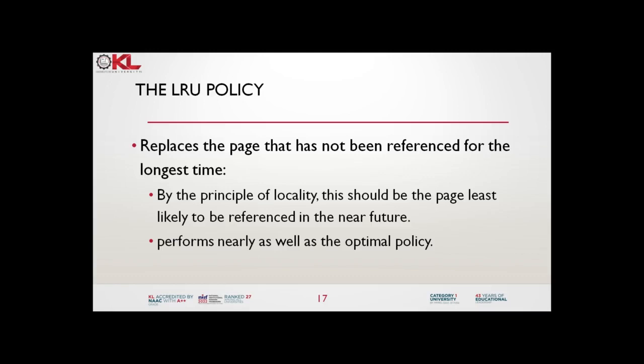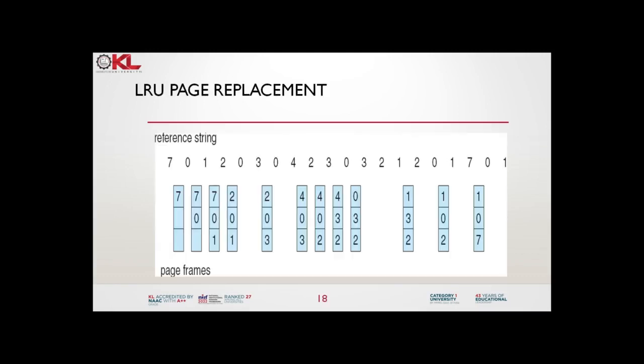Let me explain with this reference string. The same reference string I have used here for the explanation, so that it will be convenient for you to understand more. 7 takes here, 0 takes here, 1 takes here. Now if I want to keep 2, the one which is recently used but least gets replaced with the new one.